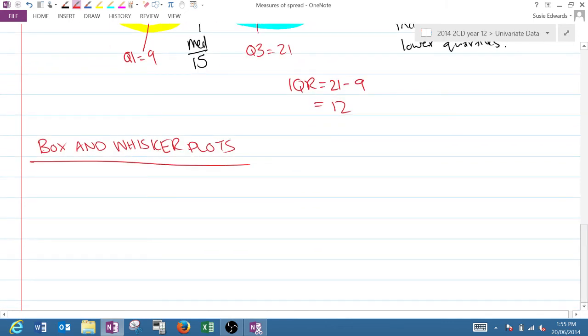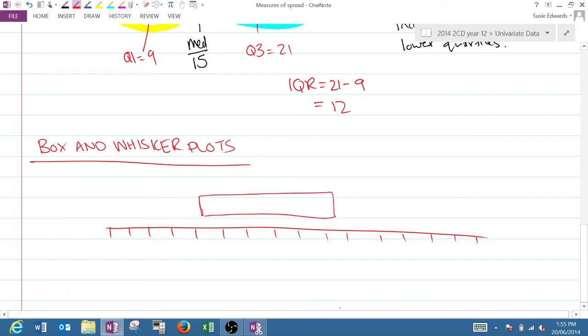So, just quickly, you'll have a scale along the bottom here. And your box and whisker plot should have a box with a line in between.